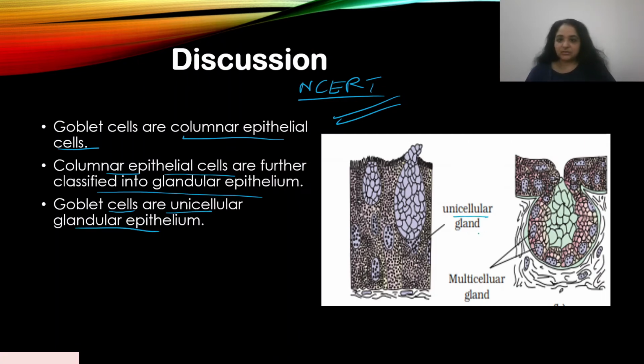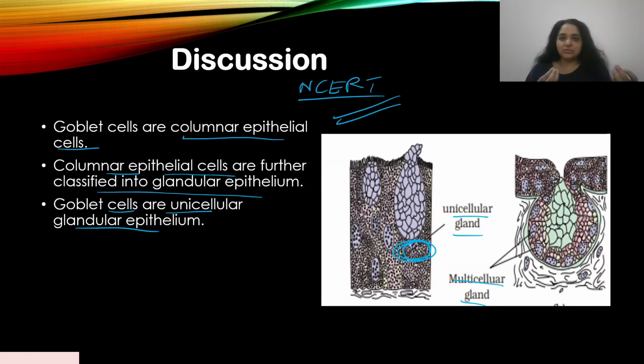So this is a unicellular gland over here. If you can see here, this is the goblet cell. So they are unicellular. Over here you can see they are multicellular glands. So this is a type of columnar epithelial. So if they ask you what kind of cell it is, it is columnar epithelial.